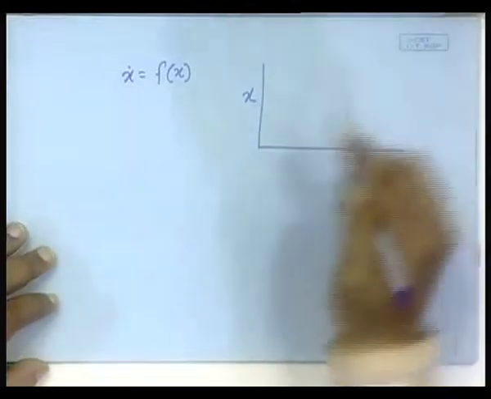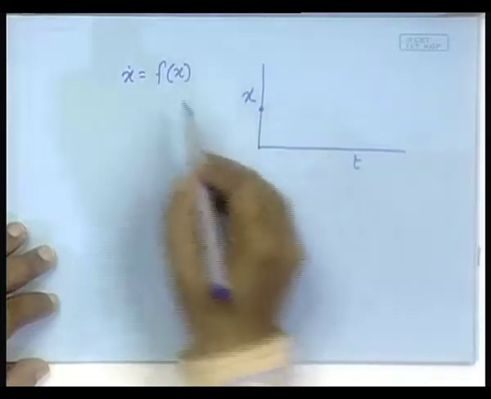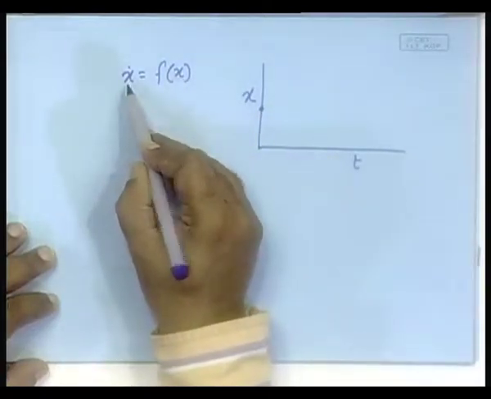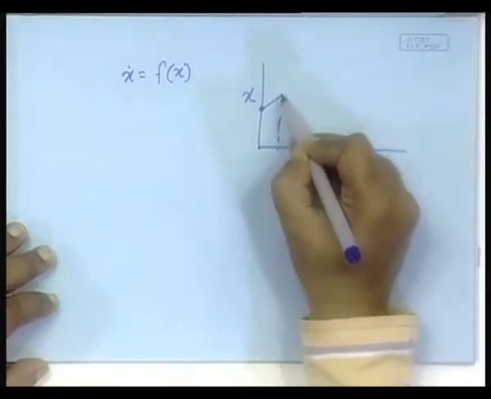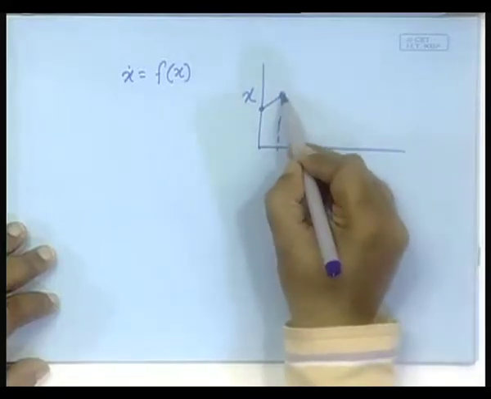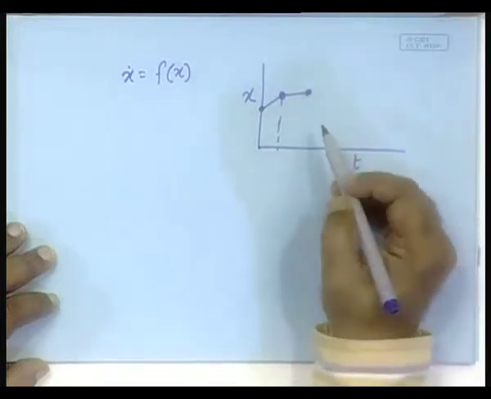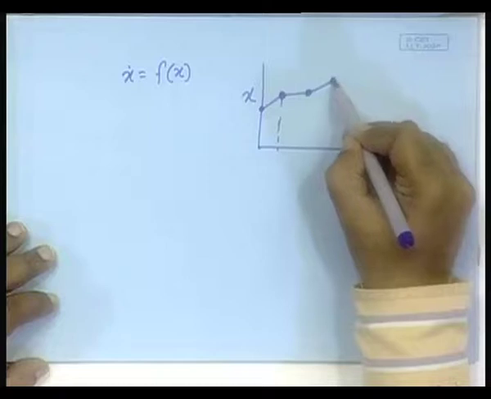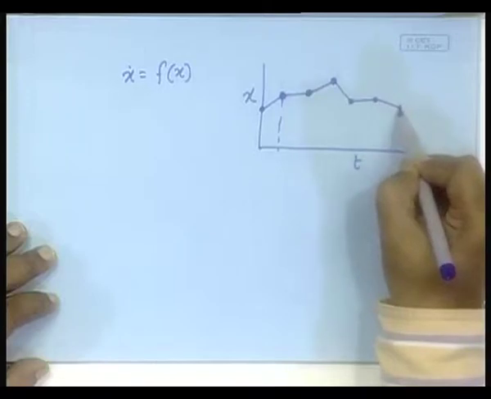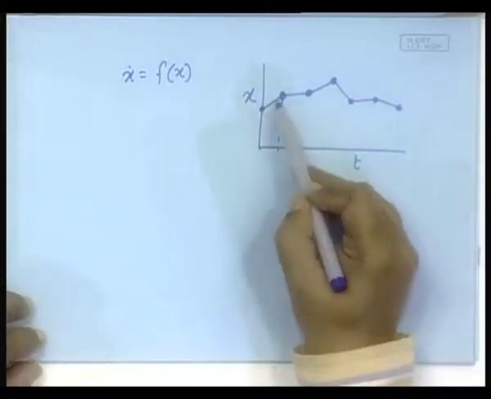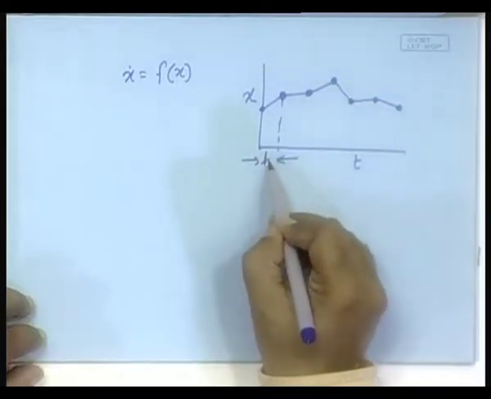Therefore, we will say that at time 0 it was say here, and then this will tell us how x changes with time, and along that we take the next step, say at this point we come here, then at this point again we calculate the right hand side, take the next step, say we come here, take the next step we come here, and this way we can proceed. But actually we are calculating in steps, and this step length say is your h.